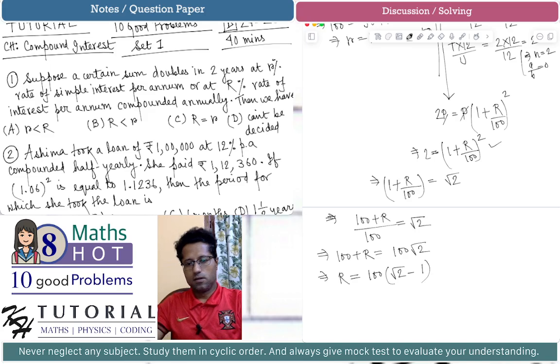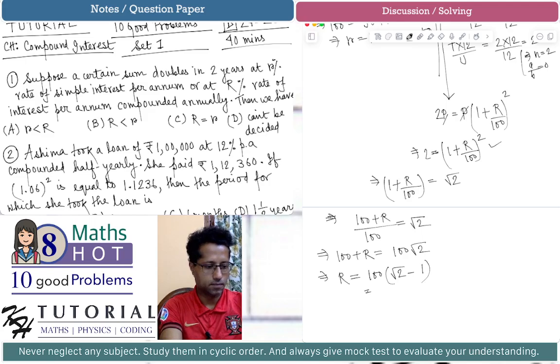Now, what is the value of square root of 2? You should be knowing the value of square root of 2, square root of 3, square root of 5. Square root of 2, I think it is 1.2 something, I don't know. Let's see. Okay, 1.414.